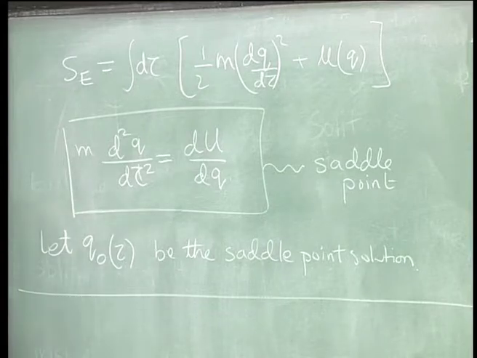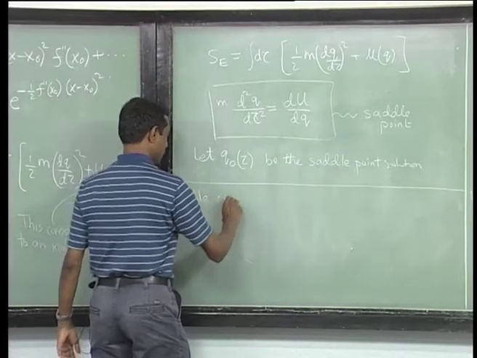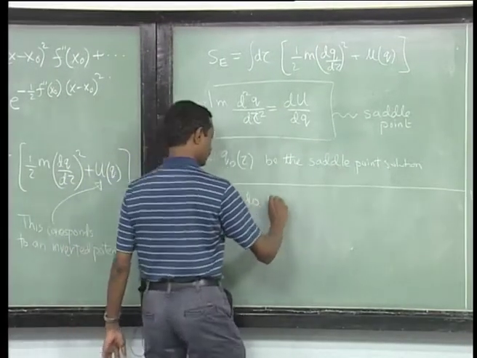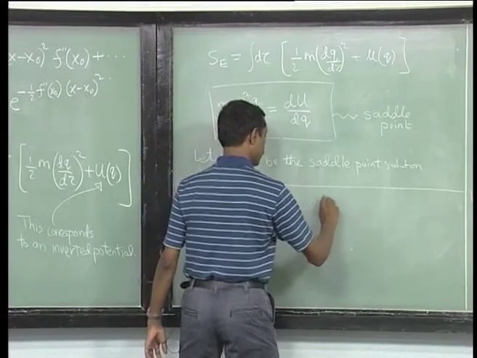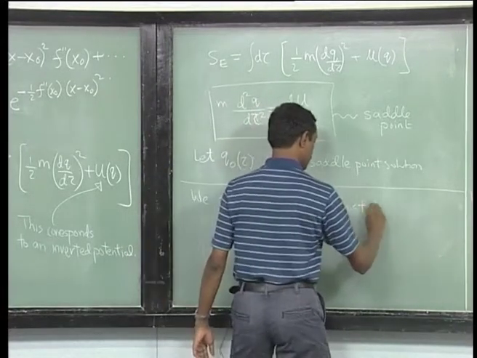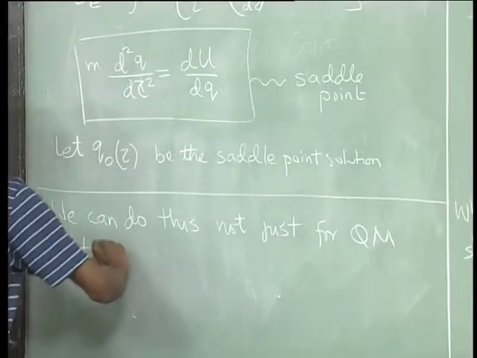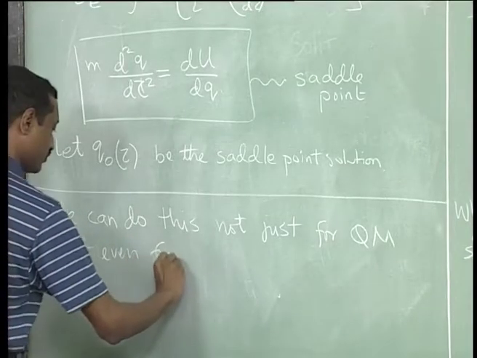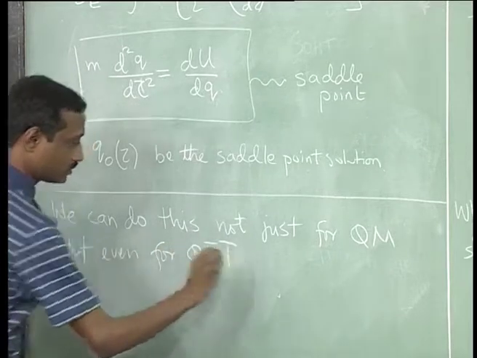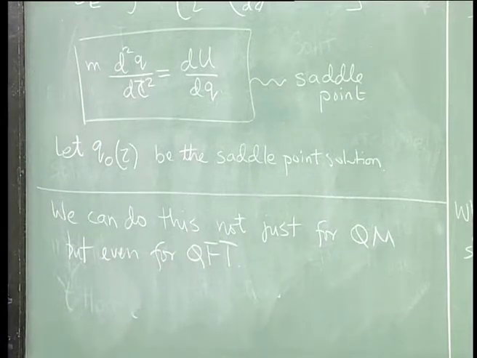So, the idea here is that we can do this not just for QM, but even for QFT. What do I mean by that? Here we did things in 0 plus 1 dimensional time.